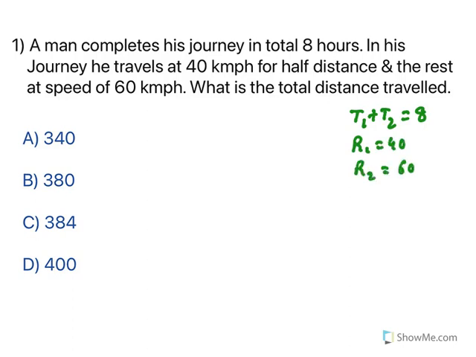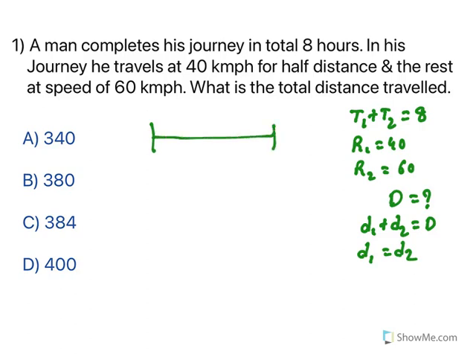You need to find the total distance. Now, how can you do this? Again, look at the question. The total distance is D1 plus D2 equals D. Again, D1 equals D2. Why? Just now we have seen the distance is the same. Here it is 40, here it is 60, right?